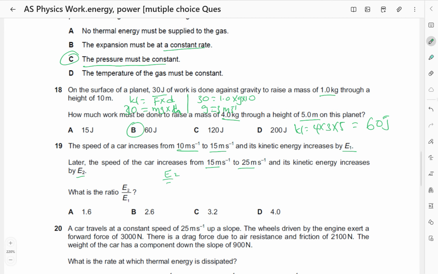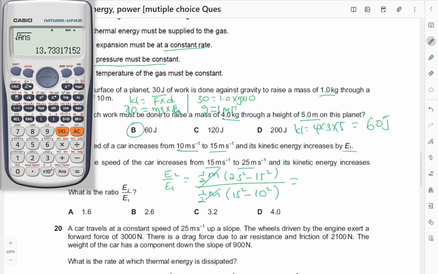E2 over E1 is going to be, for E2, a half times the mass. The speed changes from 15 to 25, so I'll say 25 squared minus 15 squared, divided by, for E1, a half, the same mass, the speed changes from 10 to 15, so I'll say 15 squared minus 10 squared. So a half m has cancelled.